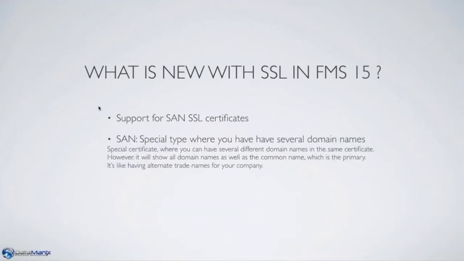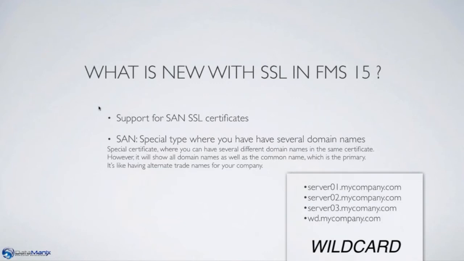So another type of certificate that is newly supported in FileMaker Server 15 is the SAN certificate. A SAN certificate is a special type where you can have several domain names. Now remember the slide before where I showed you that you could have a wildcard as long as you have the same domain name.